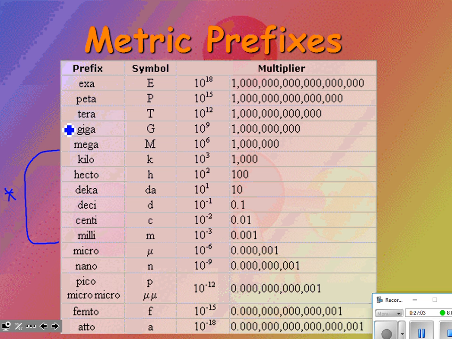Now we can go the other way. Really, really, really small numbers. Micro, nano, pico, and it was asked, pico is also called micro, but I see it as pico more than I ever see it as micro.